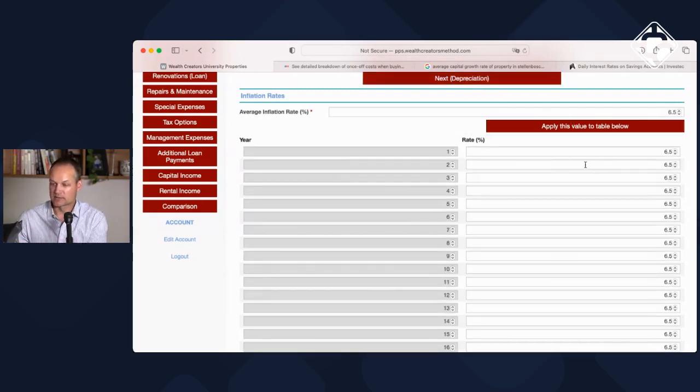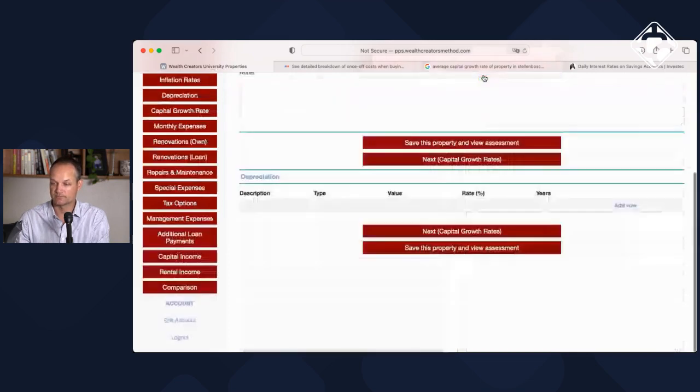The next one is the estimated inflation rate. So I specifically went slightly higher at 6.5% was my inflation rate that I worked on. And I'll show you in terms of why that would be important. Next, there's a lot of other variables that I'm not going to include now, but that you could potentially include in further calculations, just to show you how granular a specific investment calculation can go.